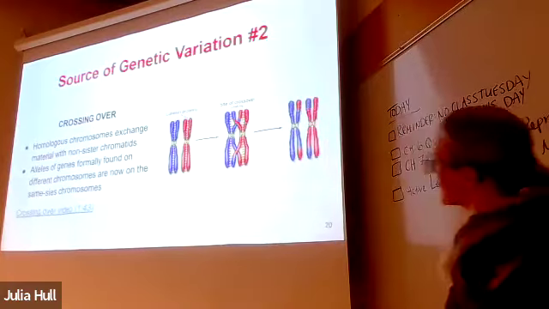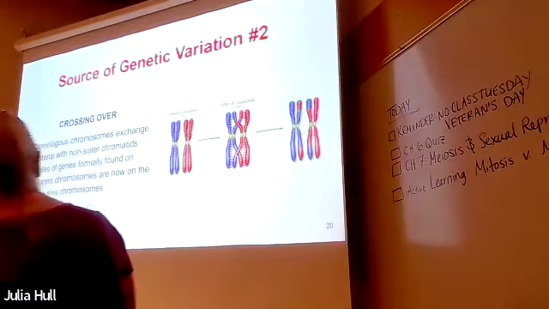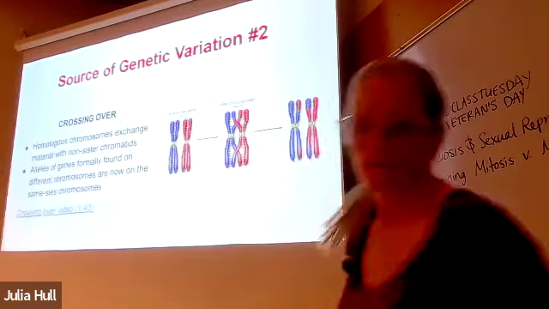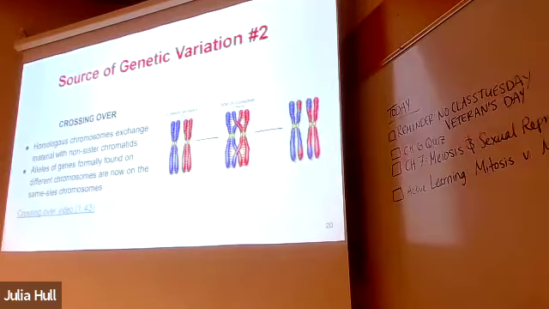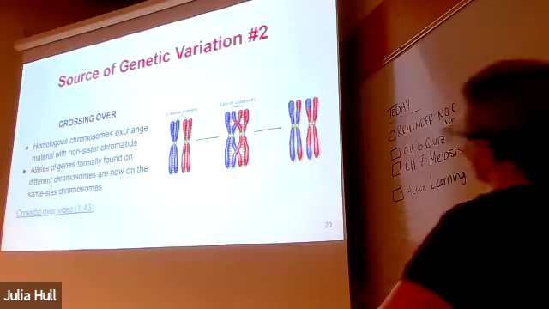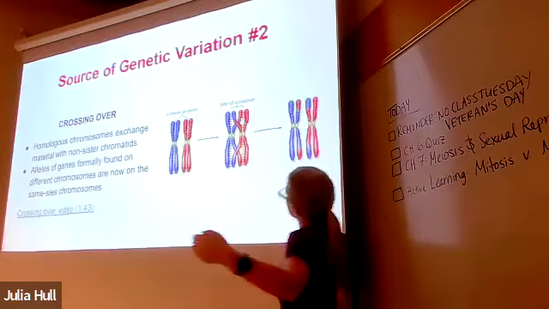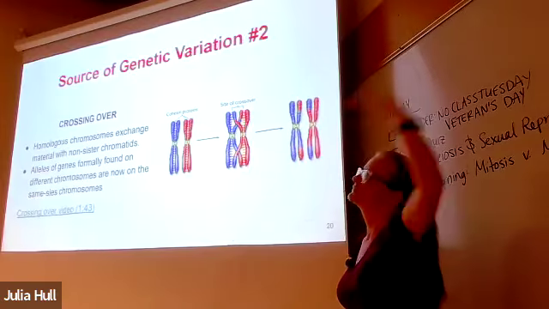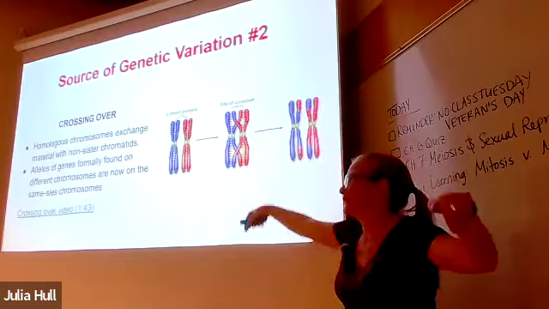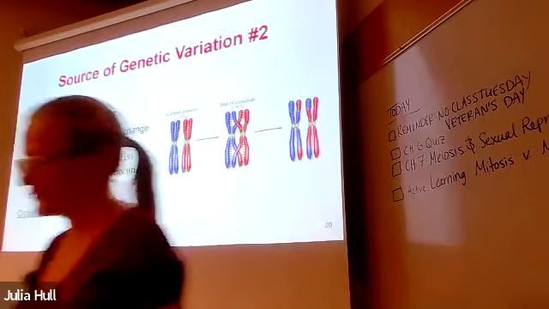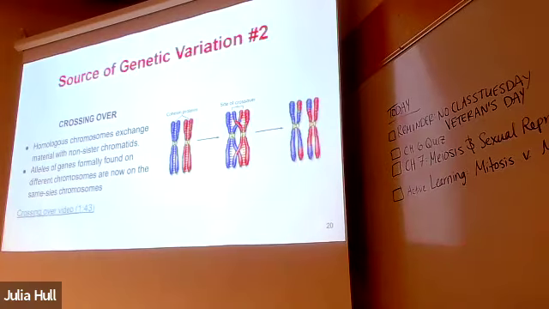So we're really seeing a mixture of the genes that were inherited from what will become the grandparents of a kid that results from this. That was more complicated than it needed to be. Okay. The point is, a new genetic combination that didn't exist before.